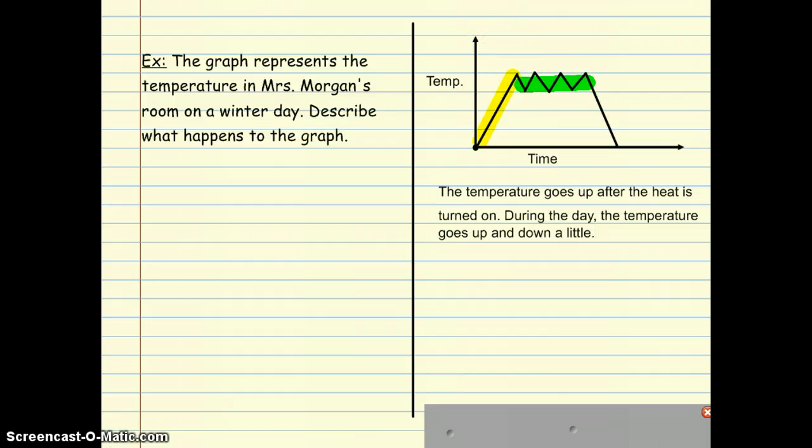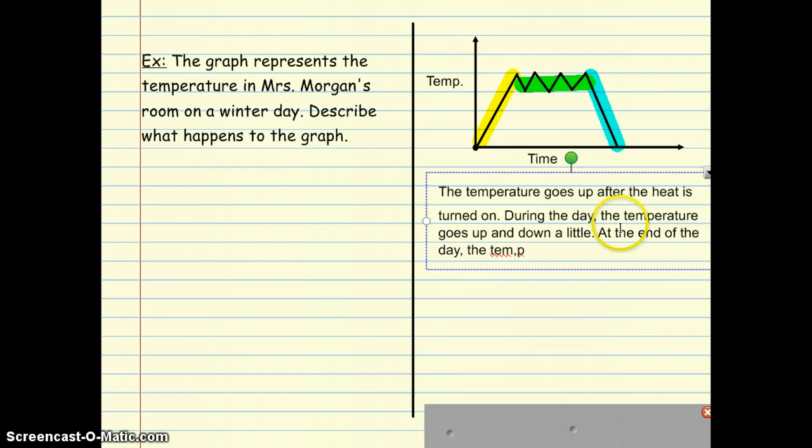At the end of the day, the temperature goes back down because the heat gets turned off.